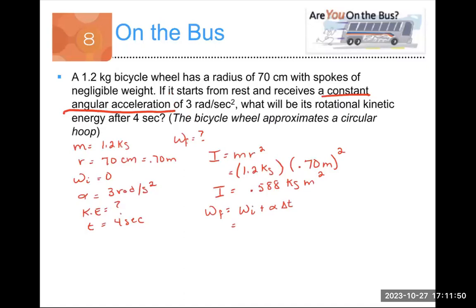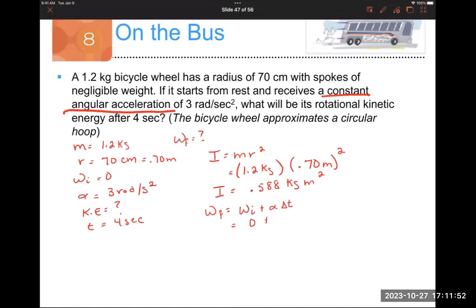So we have 0 plus, we're given our alpha to be 3 radians per second squared. And we're told our time, we're given to be 4 seconds. So therefore, omega F comes out to be 12 radians per second.